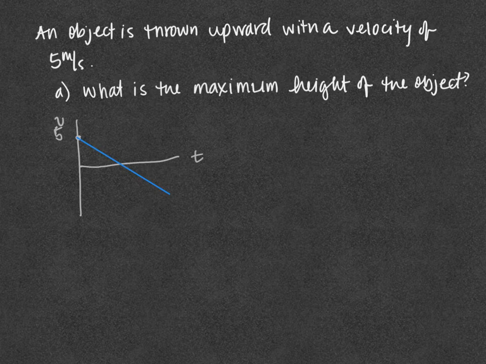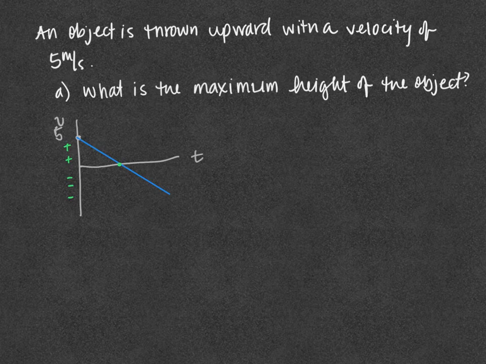And that will be my acceleration. So I know that it's going to stop moving at the highest point, and then it will turn around and come back down. Remember, all of these velocities up here are positive while all of these are negative.